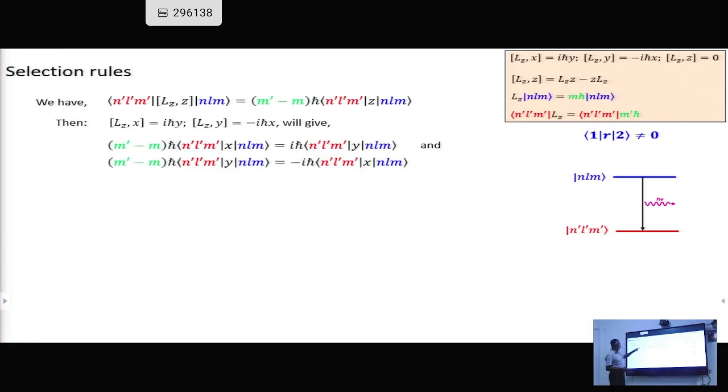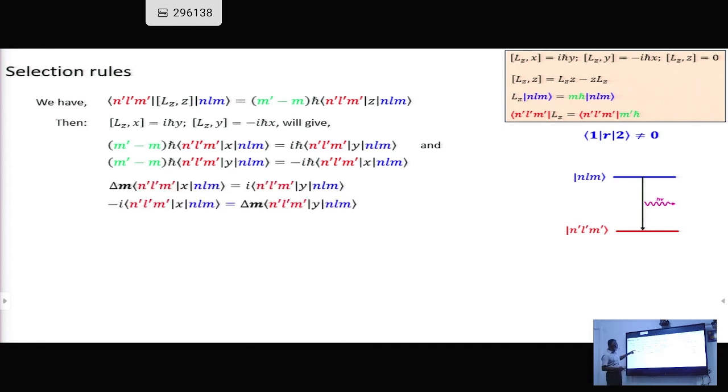Here, M prime minus M. And on the right hand side, then we have this i h-cross, and the i h-cross conjugate, then with a Y. And the second equation is LZY. LZY will be there, and M prime minus M with an i. And on the right hand side, minus i h-cross X. So minus i h-cross with an X will be the bracket notation. Is that clear? Can we go ahead? Okay.